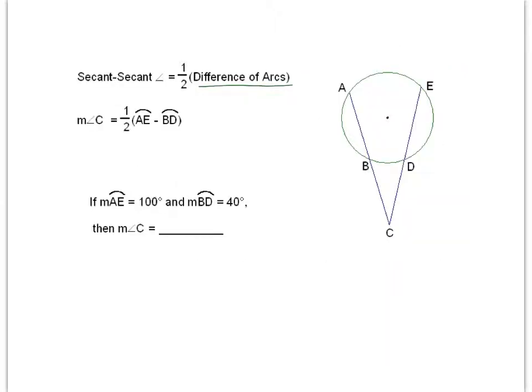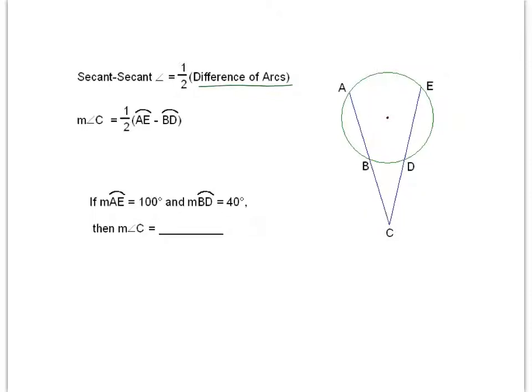So in the secant, remember a secant angle is equal to half the difference of the arcs. And here we have a secant and a secant. Notice that this is a type 3 angle because the vertex of the angle is outside of my circle. So this arc minus this arc, divided by 2, is going to equal the measure of my angle.